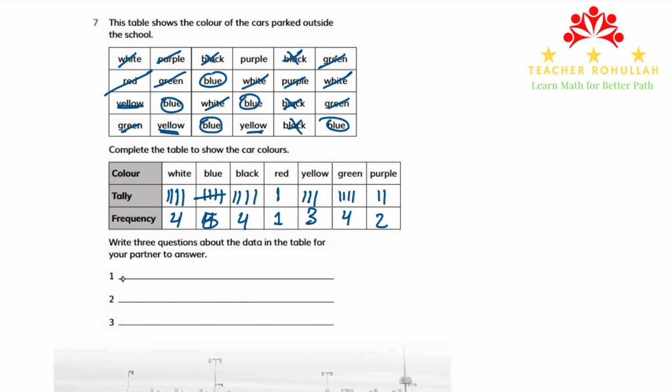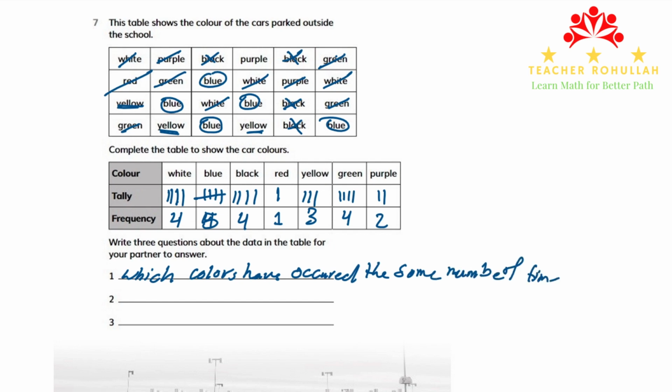Let's see what we are asked to do down here. It says write 3 questions about the data in the table for your partner to answer. The first question that I ask will be, which colors have occurred the same number of times?